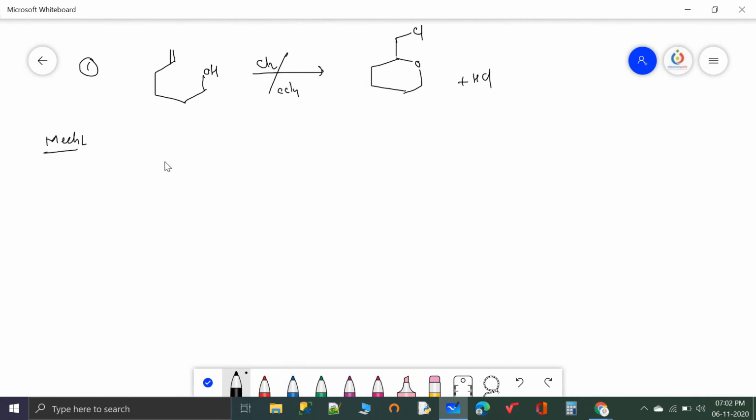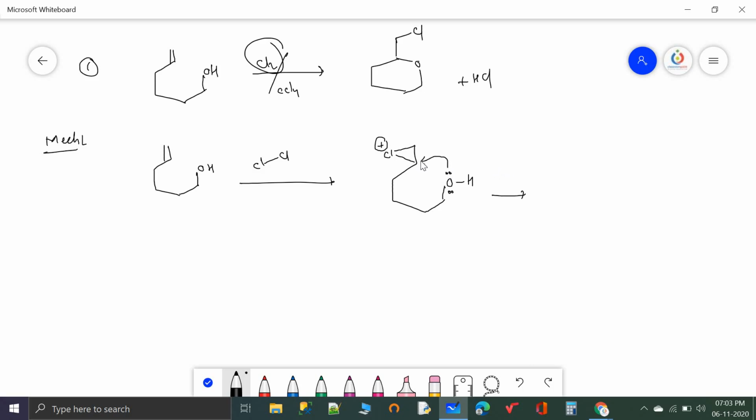In this particular reaction, first of all, let us take this reactant molecule, which is here. What is the use of the Cl2? Cl goes and adds to this double bonded carbon. So chlorine will add to the double bonded carbon atom like this, and it forms a positively charged one. And we know that oxygen carries a lone pair of electrons. So before that, Cl minus ion comes and attacks here, opens this bond on the other side.